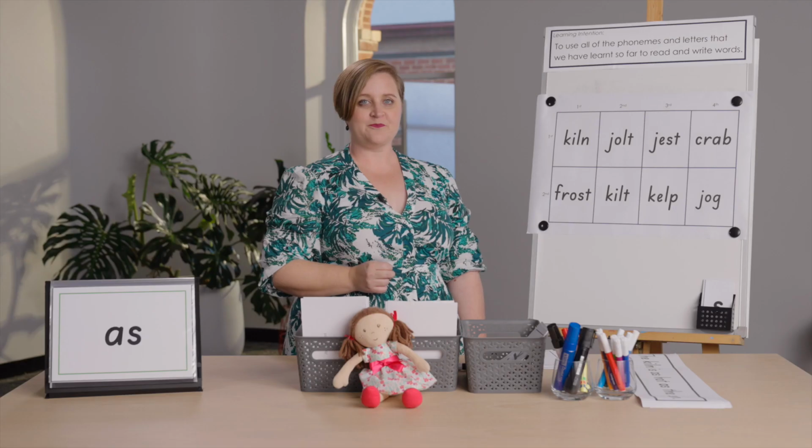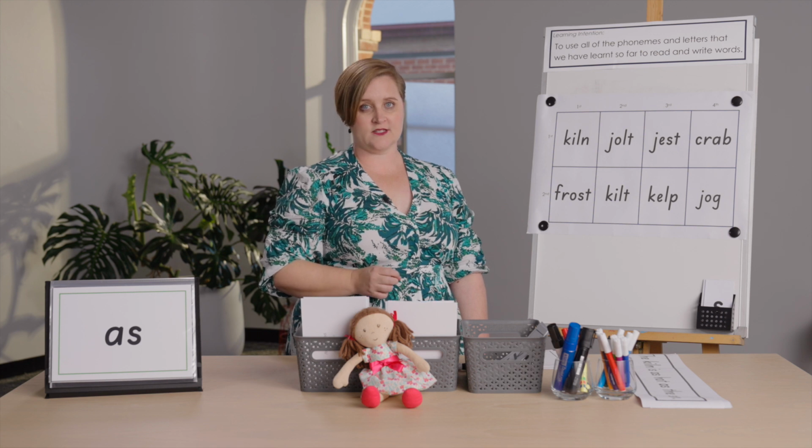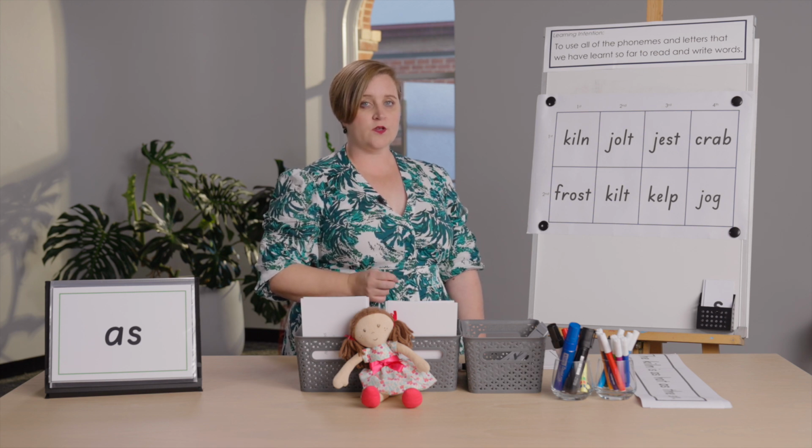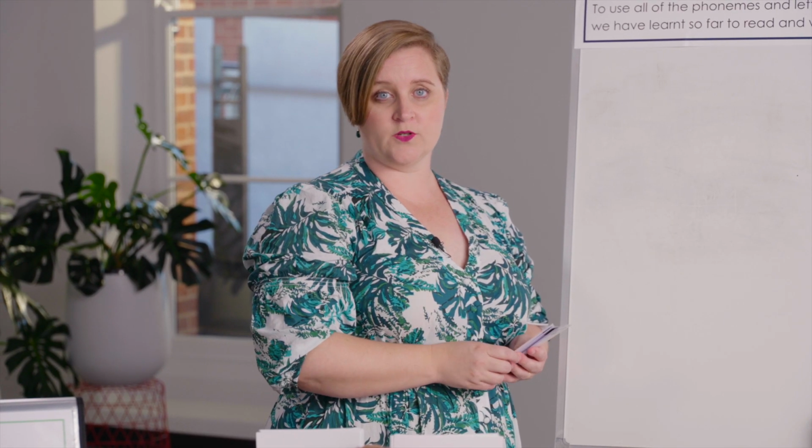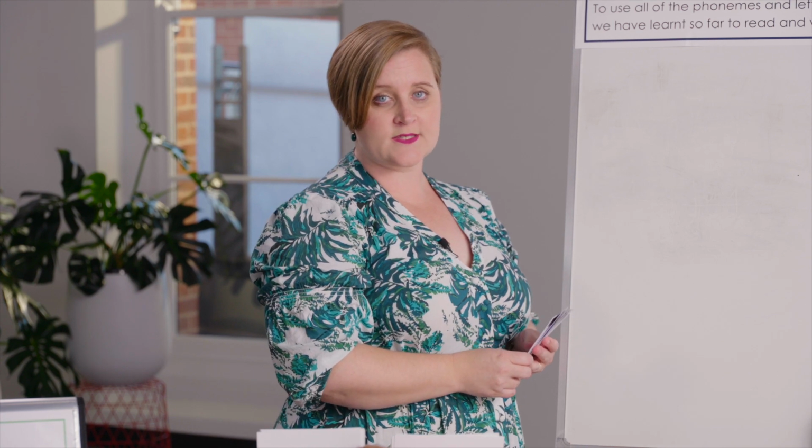Well done. It's time now to use our letter tiles. So if you have them with you, put them out on your table and I'll get mine ready. Today you don't need all of your letter tiles, so I'll show you which ones you need.